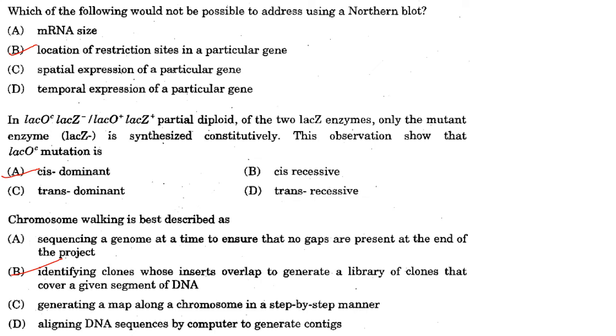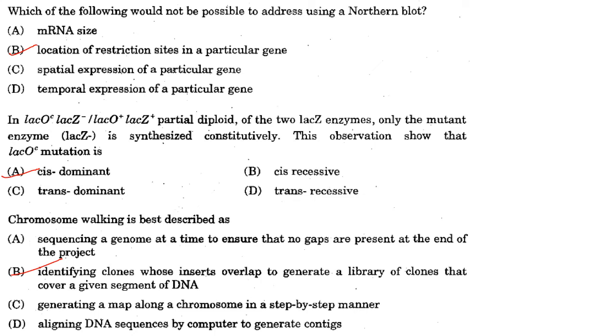A type of regulation of gene expression in which a gene is only expressed at a specific time in the development. For example, genes that are only expressed in the light or during flower development. Then spatial regulation, a type of regulation of gene expression in which a gene is only expressed in a specific location in the plant, that is seed storage proteins. So answer is option B, location of restriction sites in a particular gene.